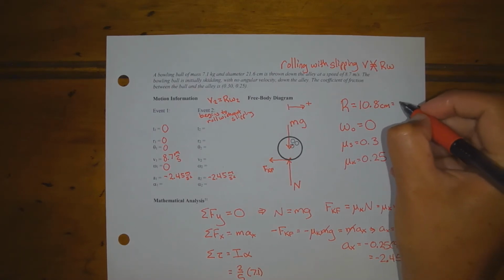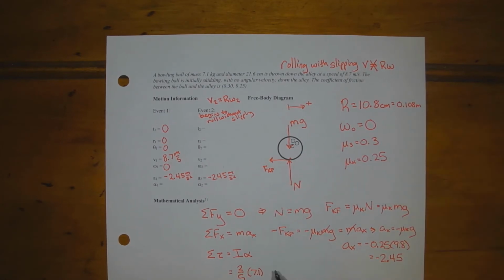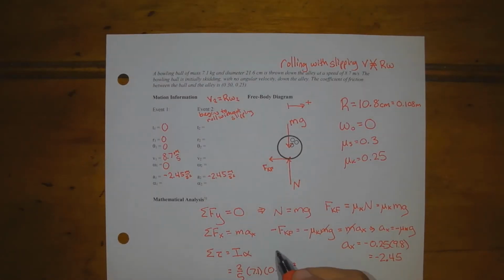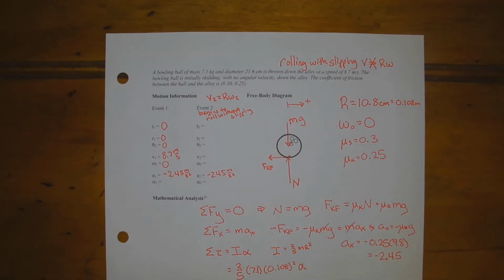So this is 0.108 meters, and that's squared, so we have 2/5 mr squared, times the angular acceleration.